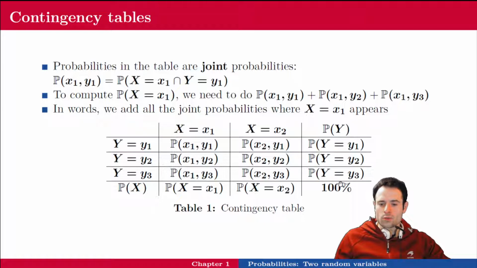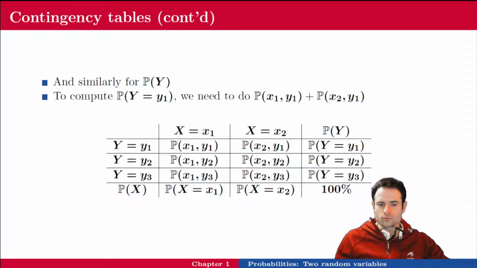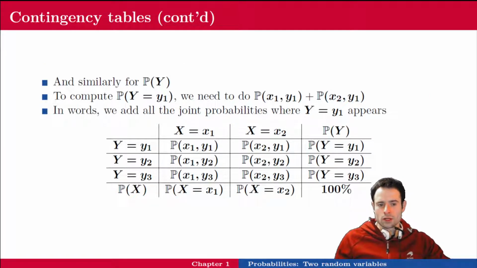So this 100% is always there. And it will always be the sum of all the guys here and of all the guys here. Another great way to check that your computations are correct. And I can do the same for the marginal distribution of y.